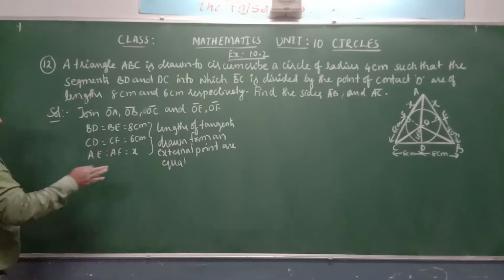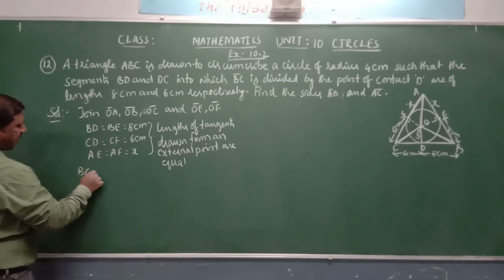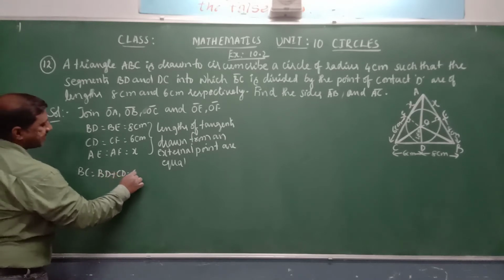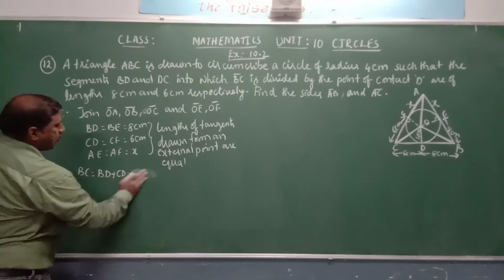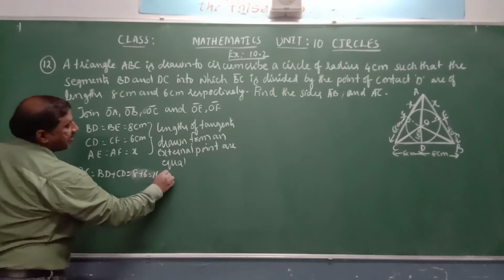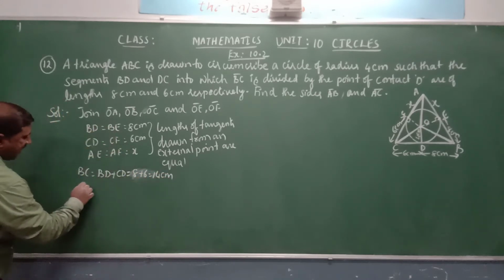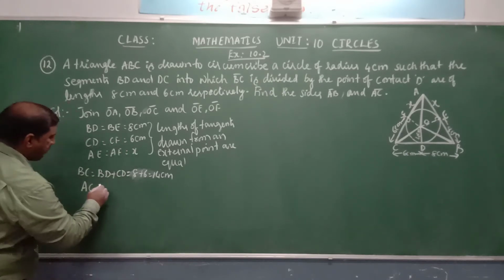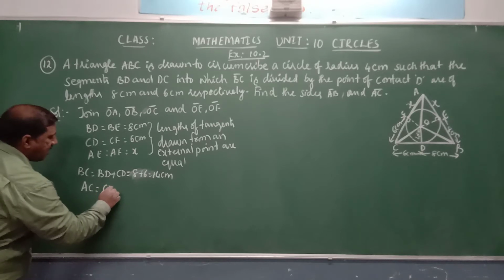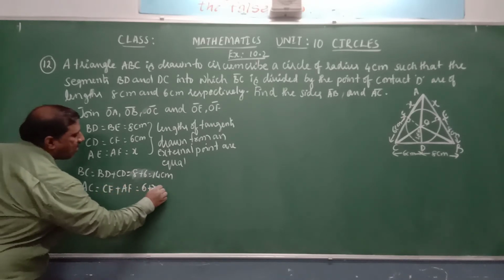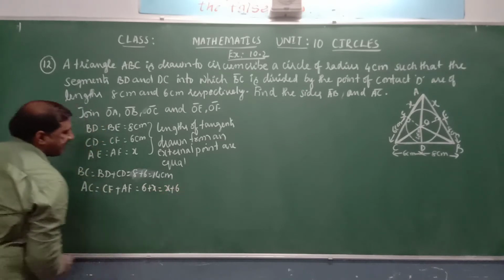Now from the figure, BC is equal to BD plus CD, that is 6 plus 8, which is 14 centimeters. Now what is AC? AC is equal to CF plus AF, that is 6 plus x, or x plus 6.